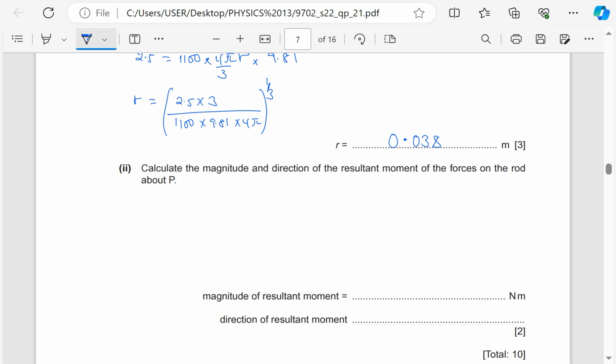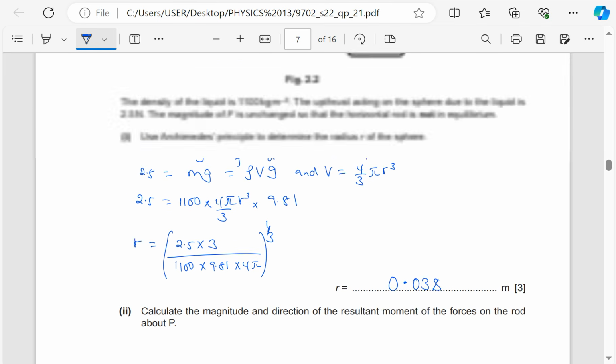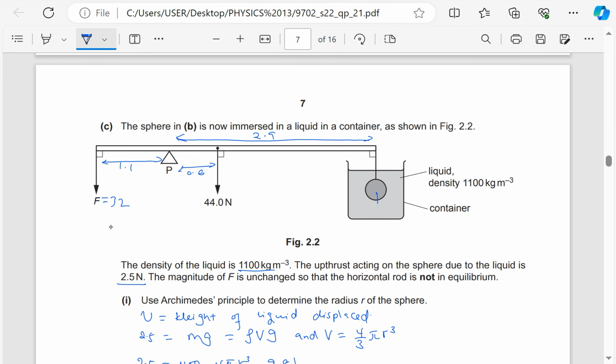Calculate the magnitude and direction of the resultant moment of the forces on the rod about P. So we want the magnitude and the direction of the resultant moment of the forces on the rod about P. First of all, the weight has remained 3 newtons.